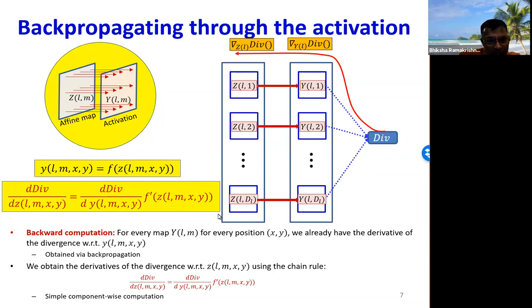So now we can assume that we have the derivatives with respect to every component of every one of these affine maps. These derivatives too can be arranged as maps because you have one derivative per component. I'll call these the affine derivative maps, for want of a terminology to describe them.